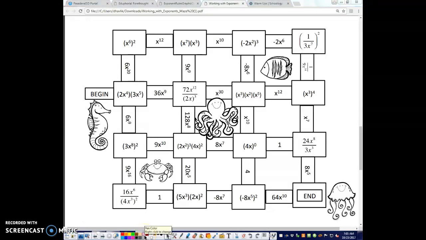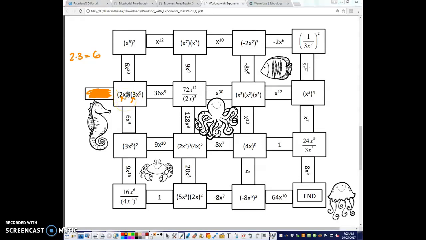Okay, so here's how this is going to work. You have, right here is where you begin. So you would color that in. This is where we begin. You need to solve this. Okay, so let's come over here and solve it. First, take out the whole numbers. Okay, so 2 times 3 is 6. So we know 6 is the whole number.